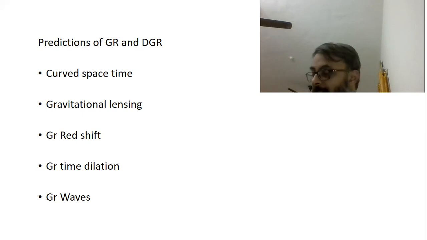But in dynamic general relativity, there are two types of gravitational waves. One is a time receding wave, which travels very, very fast, much faster than the speed of light.